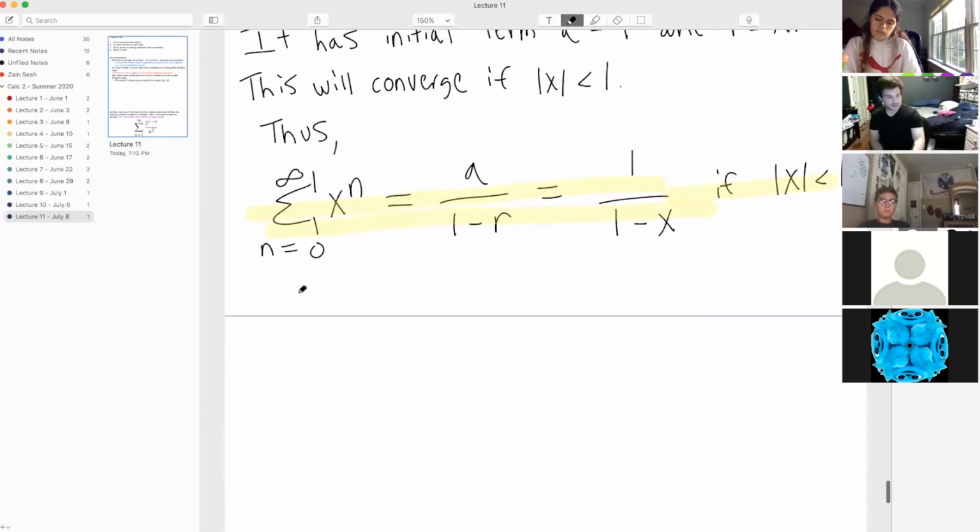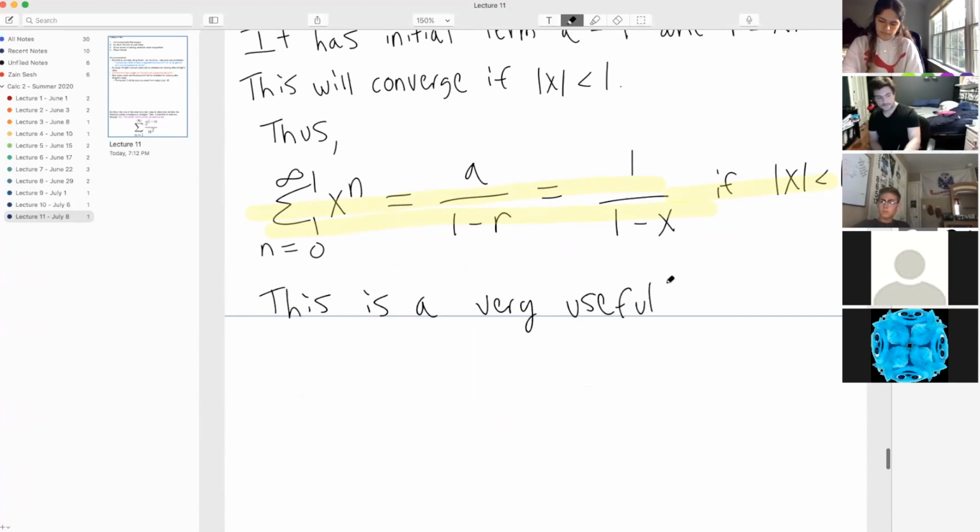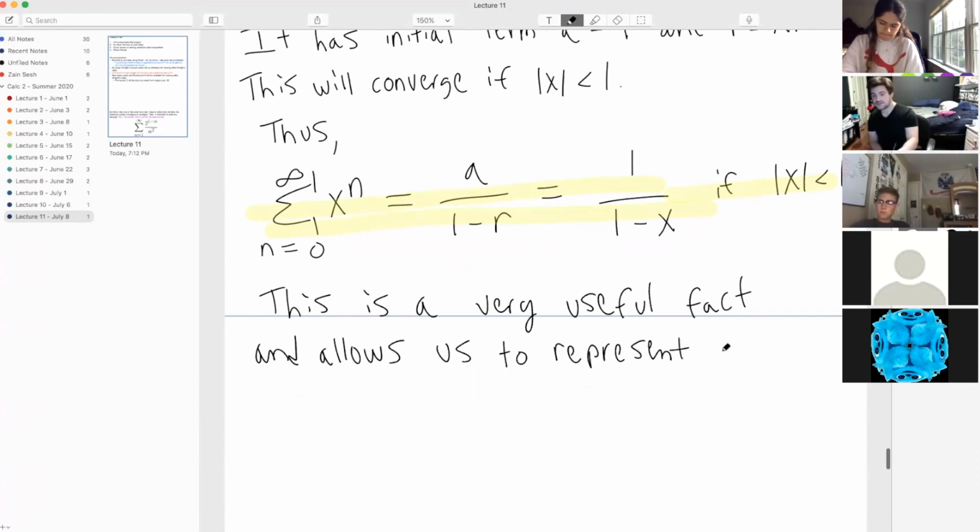So let me just write this down. This is a very useful fact and allows us to represent other functions as a power series.